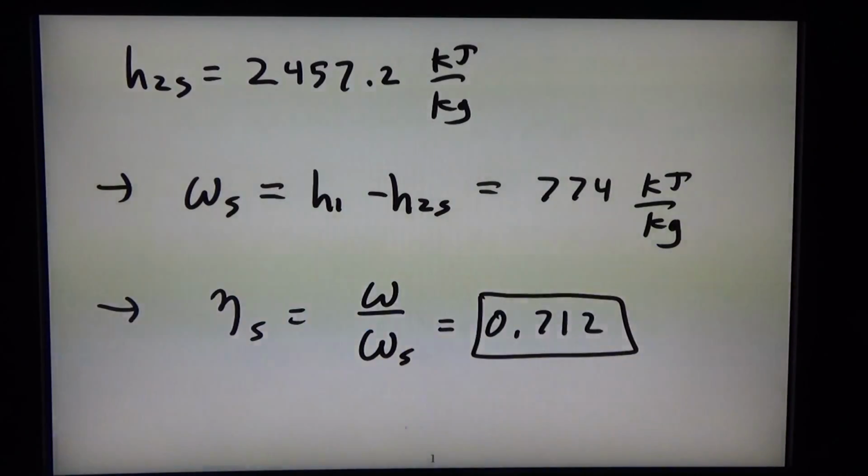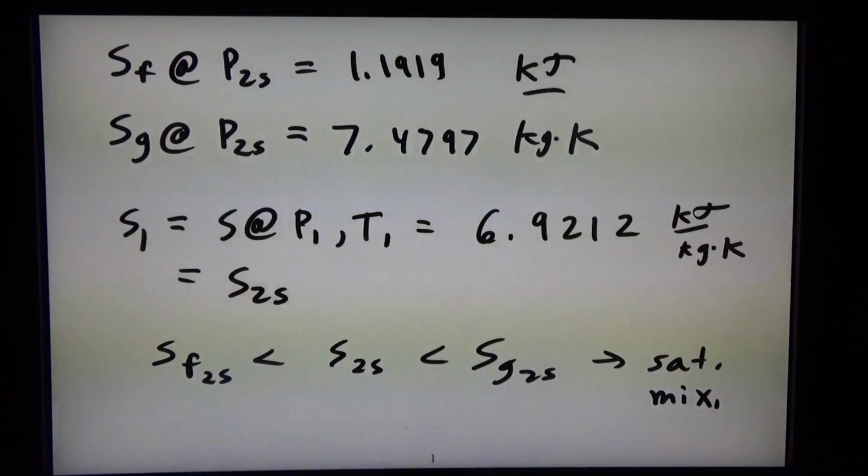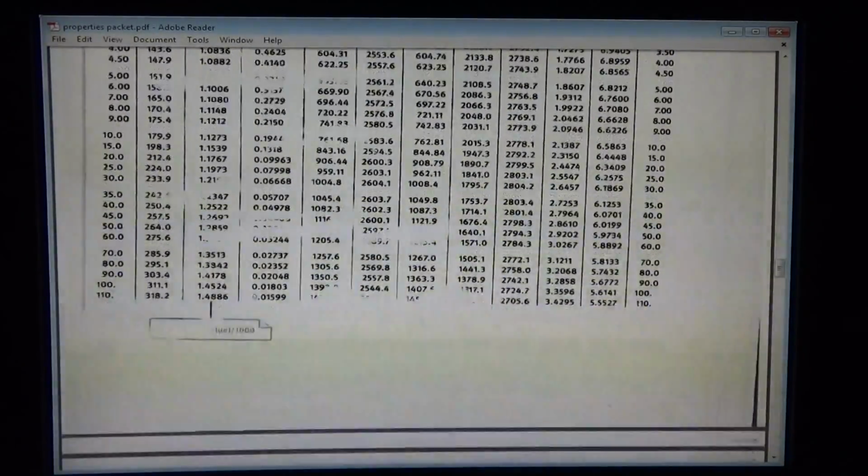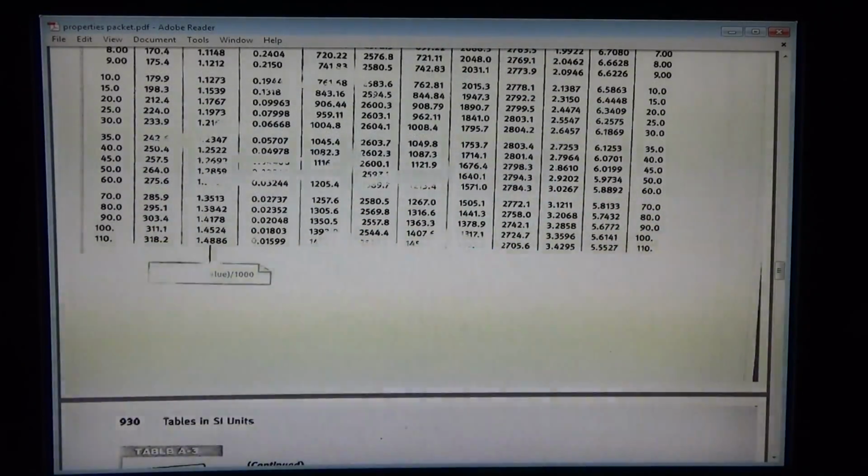Last thing we would want to do is sketch the properties diagram. Hang on one second, just checking my values. Okay, everything looks good.